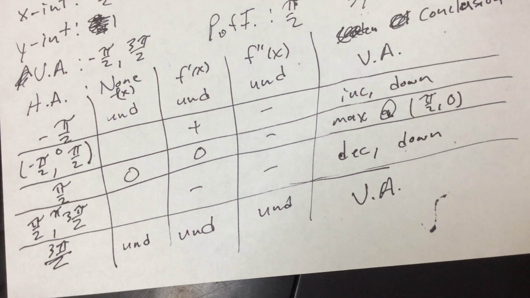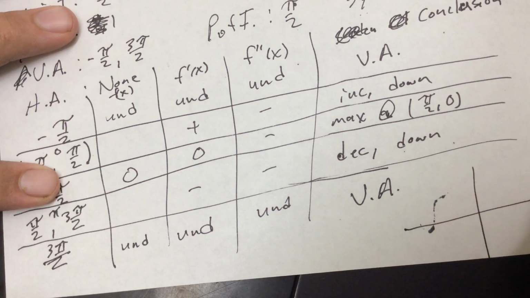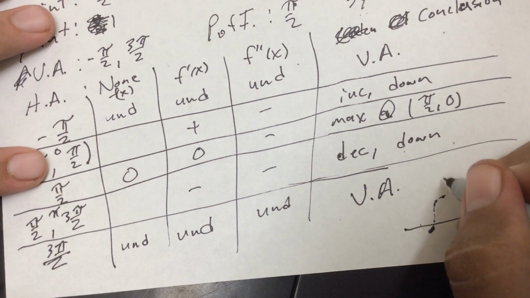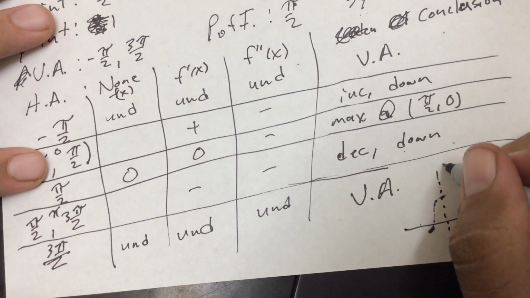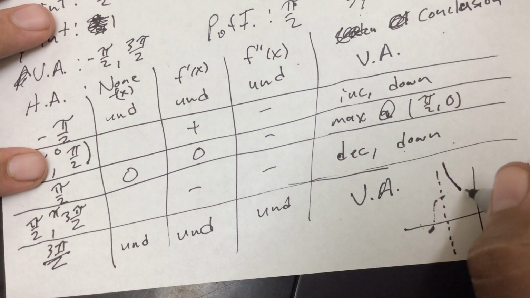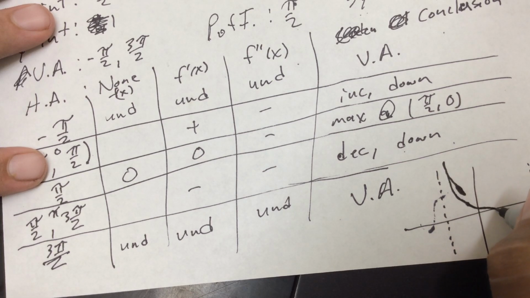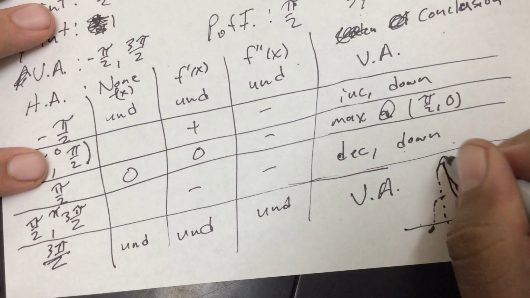So our graph: at negative pi over 2 we have a vertical asymptote, and at 3 pi over 2, we have a vertical asymptote. So our graph is going to come down, flatten out, and then go.